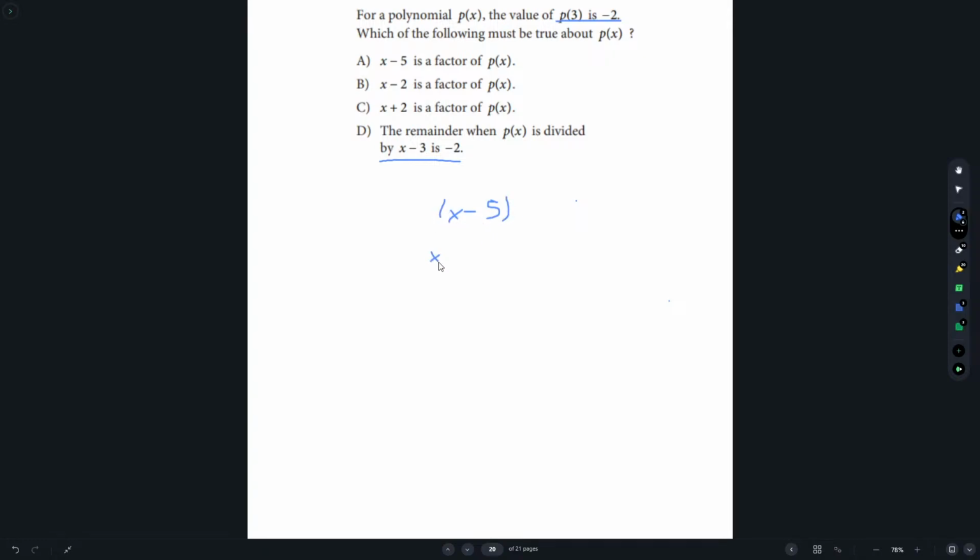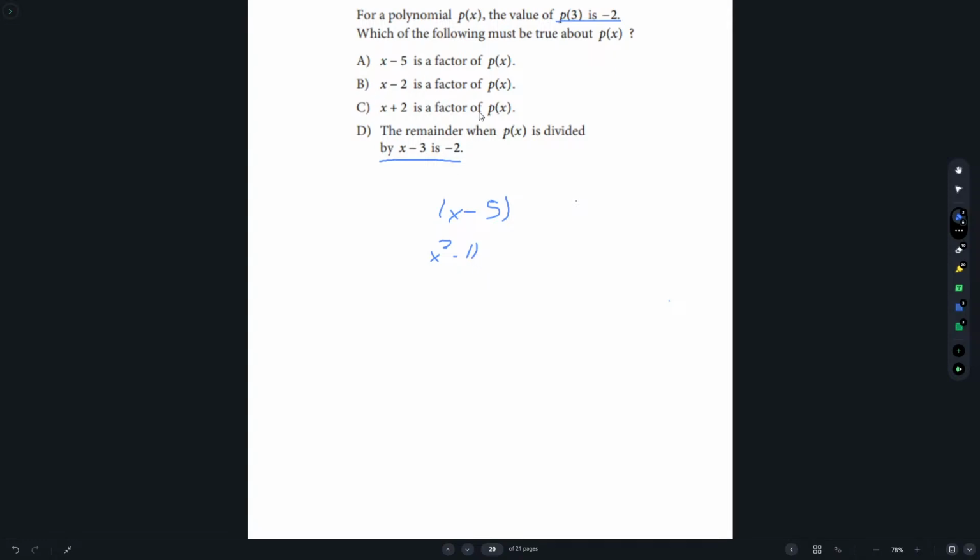What's another? Let's try x squared. What x squared would give us this? 9 plus... Well, we can just do 9 minus 11.